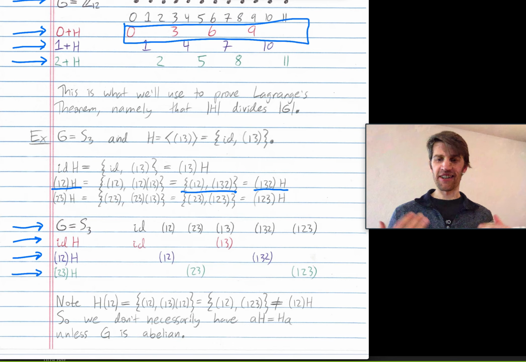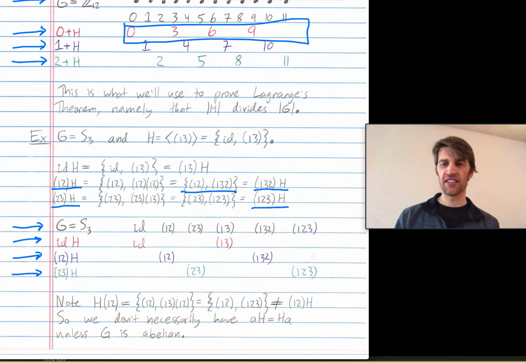Similarly, a good check for the reader is to check that this coset (2 3)H is the same as this coset (1 2 3)H. You can find all the elements of (1 2 3)H, and they're the same as this coset (2 3)H. I guess I skipped one. You should also check that this coset identity H, which is just H, is the same as the coset (1 3)H.